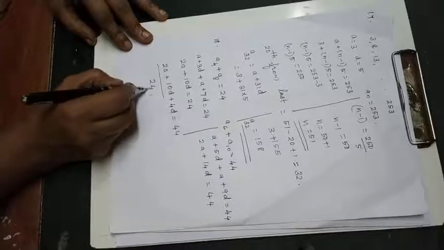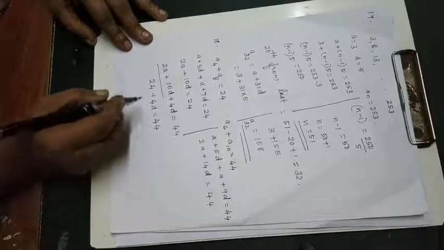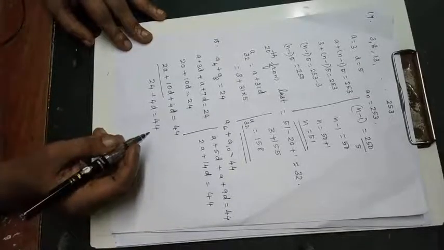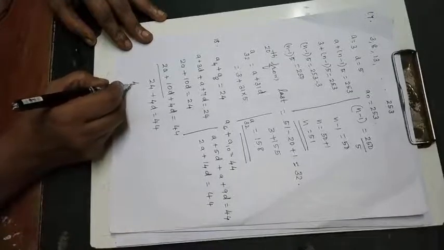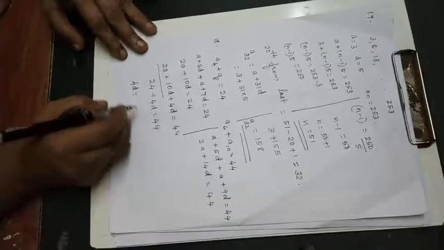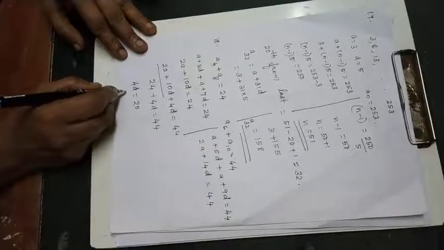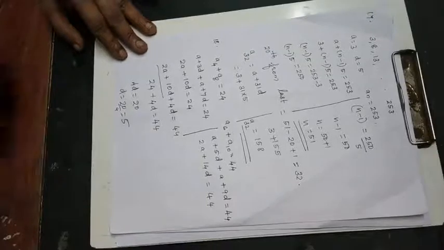So 24 plus 4D is equal to 44, or 4D is equal to 44 minus 24, that is 20, or D is equal to 20 by 4, that is equal to 5.